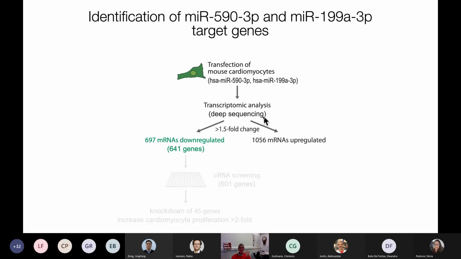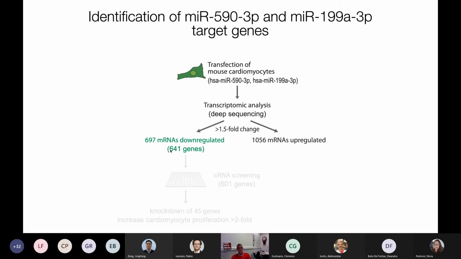So basically, we have a list of genes that are downregulated and genes that are upregulated. If you took them cumulatively, we had 697 genes that are downregulated and 1,000 that were upregulated. And here, obviously, you can do pathway analysis and gene ontology, and so on and so forth.